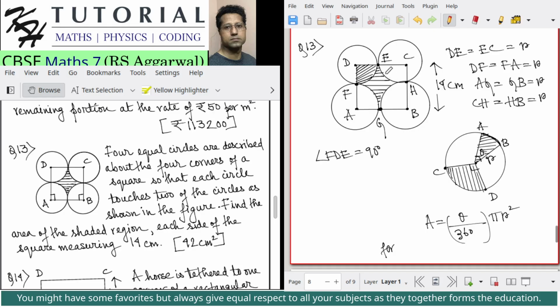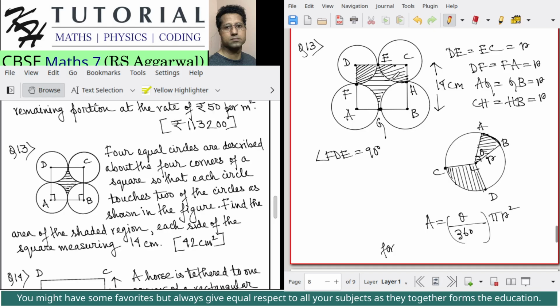So in this figure, at all the four corners we are having sectors, and all the sectors have a central angle theta of 90 degrees. There are four sectors, so the area of all the four sectors will be 1/4 the area of each of the circles.